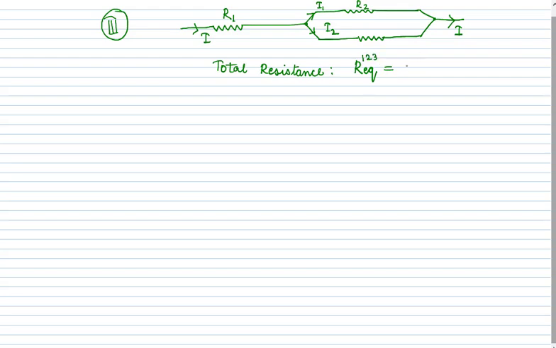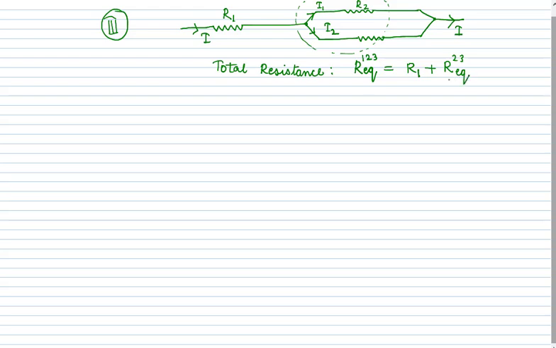This will be equal to R1 plus this combination, because in series we simply add. So this and this is in series. Say this is our second combination. So this combination plus R1 is in series. So R1 plus the equivalent of this, so we write it as equivalent of 2 and 3.